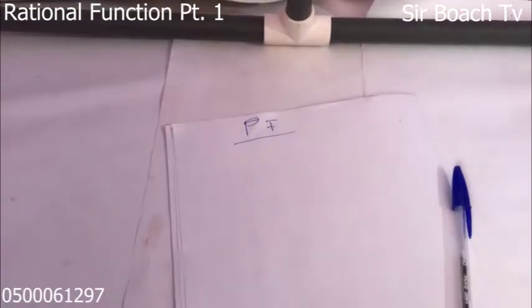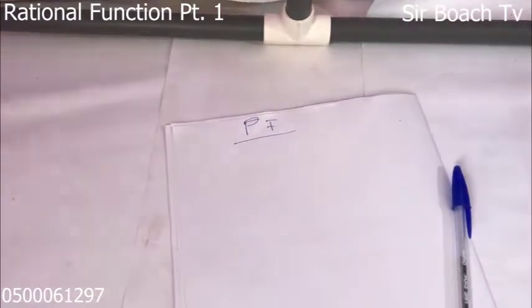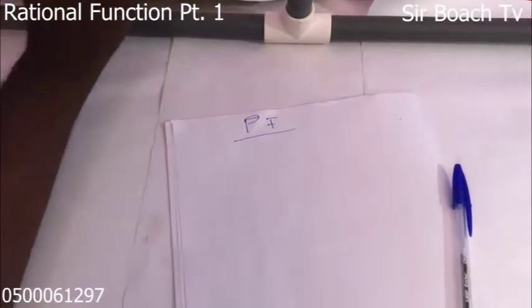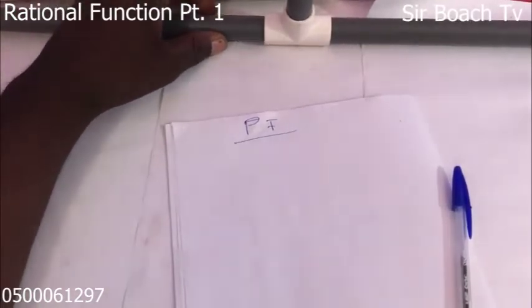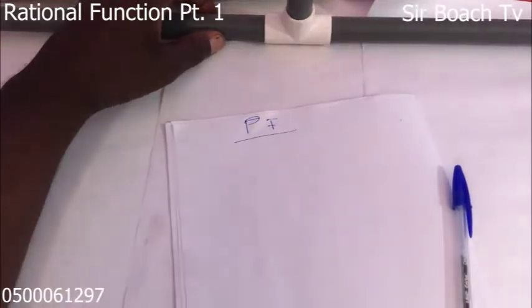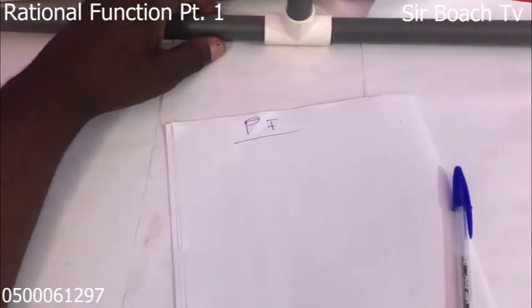With type 1, the denominator is always a linear expression. If I say a linear expression, what I mean is x plus 3, x plus 4, x plus 5. It's simple, it doesn't have a degree.